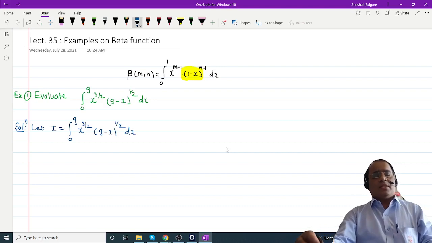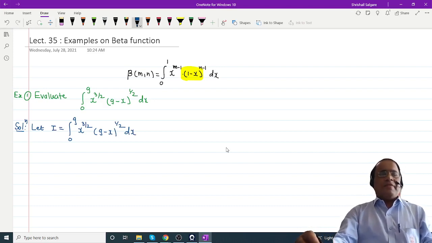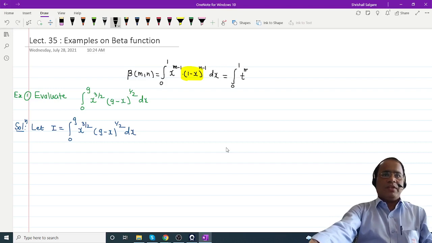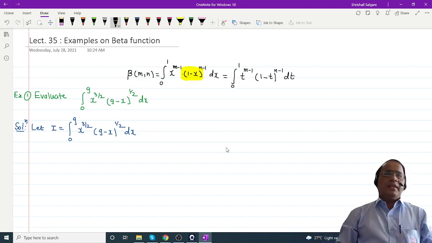So what is my target? If any bracket is there, I have to reduce it to 1 minus t, or the same definition I will write as integral 0 to 1 t raised to m minus 1, 1 minus t raised to n minus 1 dt, because definite integrals are independent of the parameter.